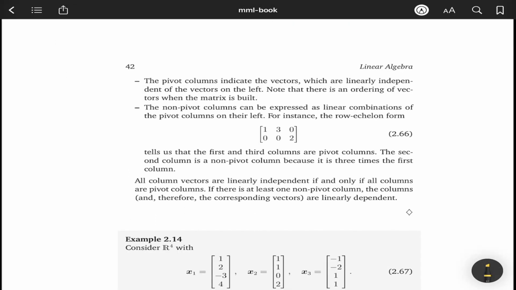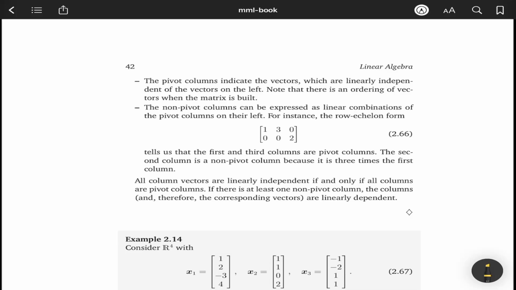The pivot columns indicate the vectors which are linearly independent of the vectors on the left. Note that there is no ordering of vectors when the matrix is built. So in the beginning there is no ordering, but once you do the Gaussian elimination, you will naturally order them. And then you push dependence to the right from each pivot, and independence to the left. That makes sense.